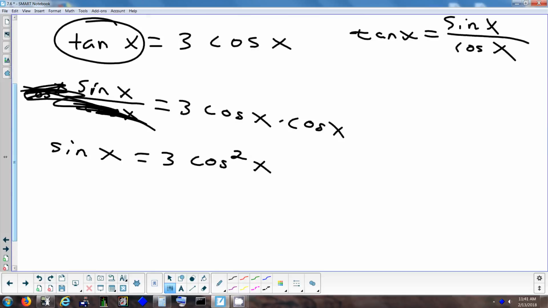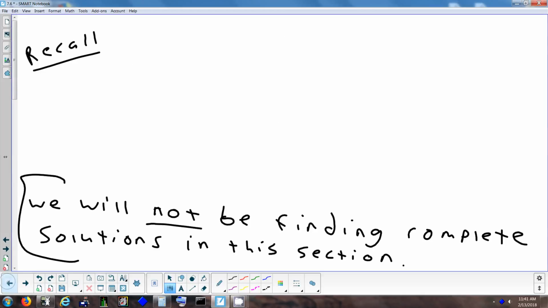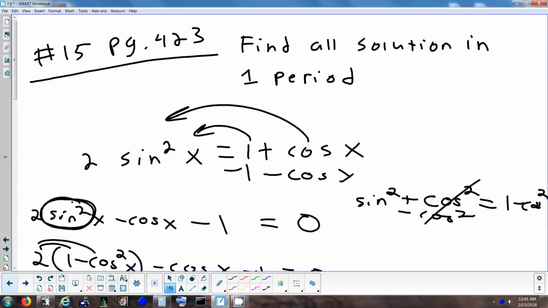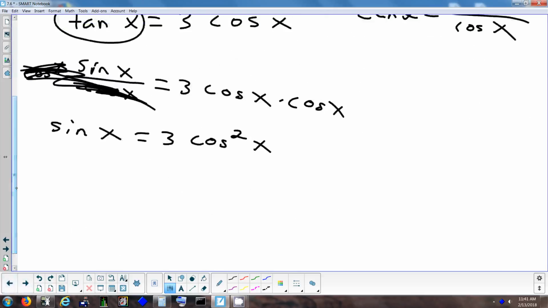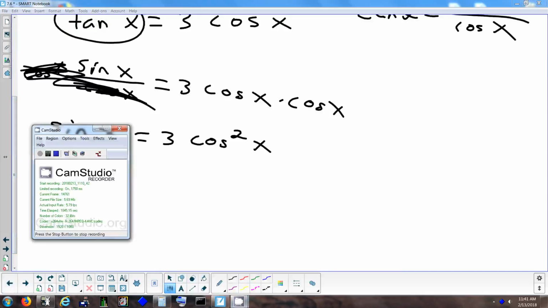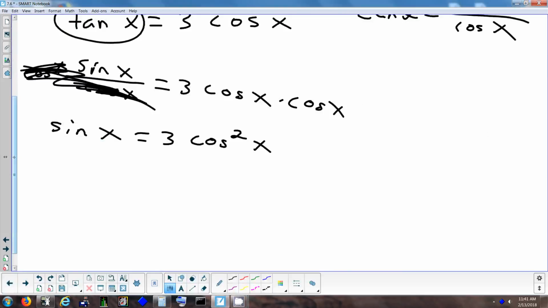Now you've got a problem where you've got sine on the left, you've got cosine squared on the right. It's exactly what you had right here. Cosine on one side, something squared on the other side. Right. So, from here, we're going to move everything to one side. All right. What side did people put stuff on? Did they get the 0 on the right or on the left?